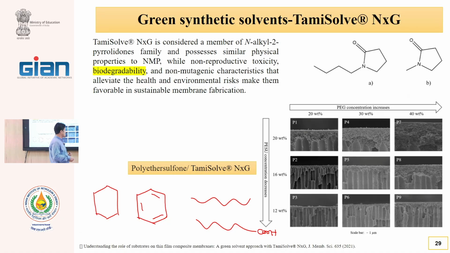This study shows that Tamisolve can replace NMP, and we can use this solvent for fabrication of membranes, but the price of Tamisolve is 5 times bigger than NMP. Why is it expensive? Because of low production.